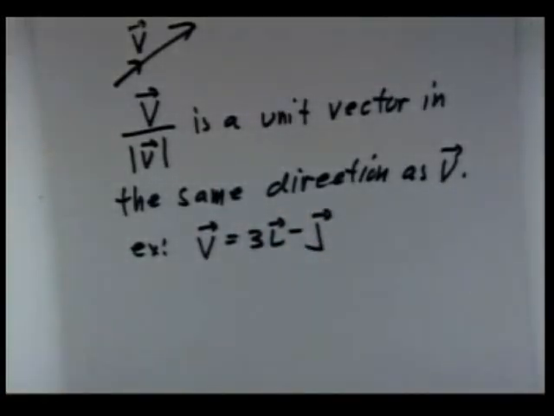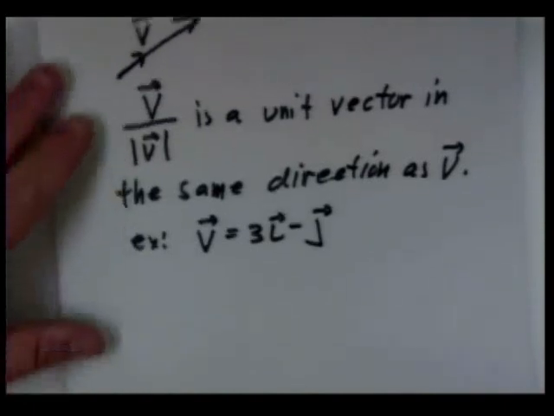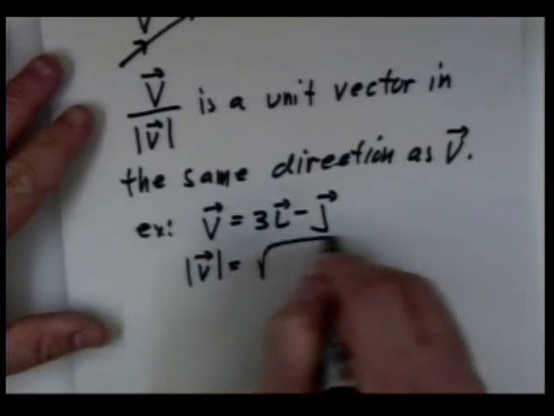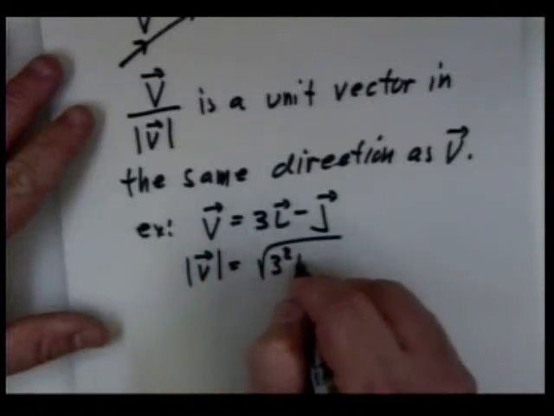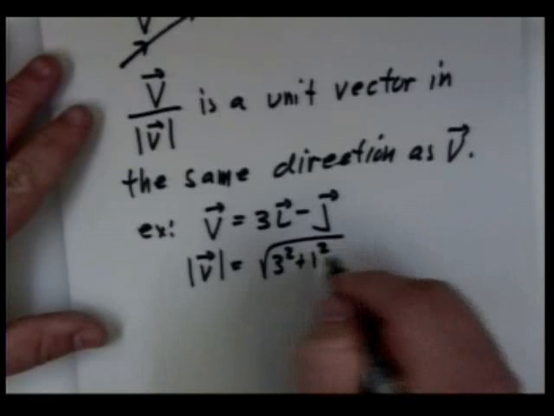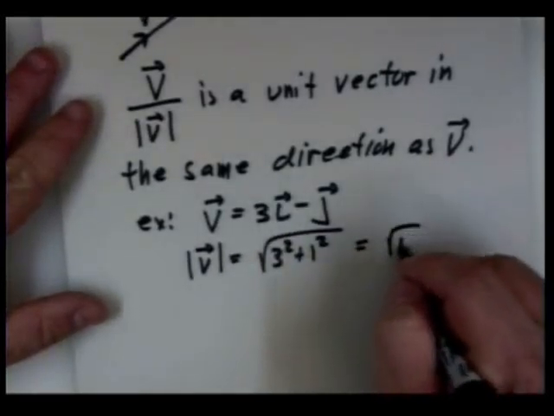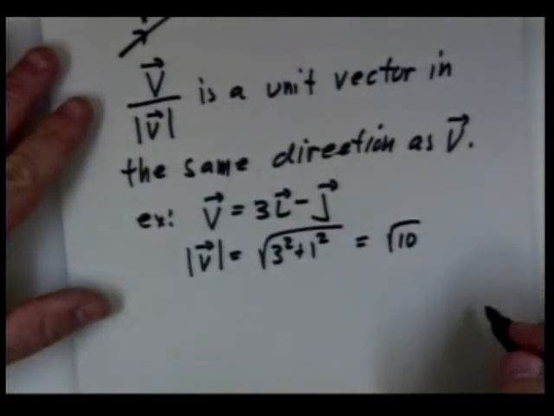Example. Vector v is 3i minus j. I want to find a unit vector in the same direction, so the first thing I would do is find the magnitude. Square root of 3 squared plus 1 squared. You can make that a negative 1 squared if you want to. It doesn't matter. That's the square root of 10.